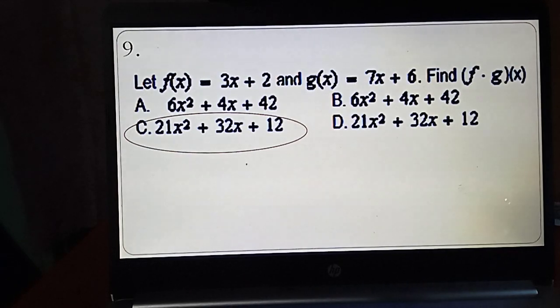So it should be letter C or letter D. And since letter C appears first, letter C is the answer. Okay? But letter D is also correct.